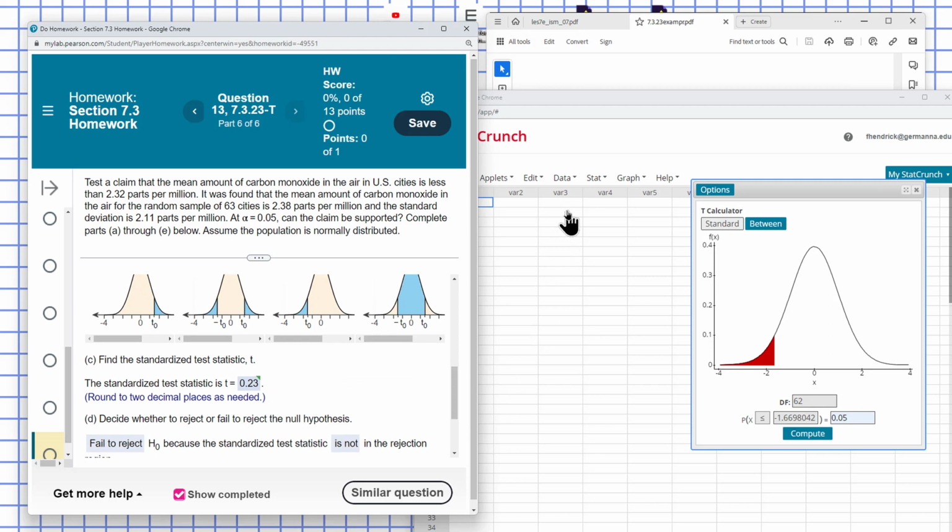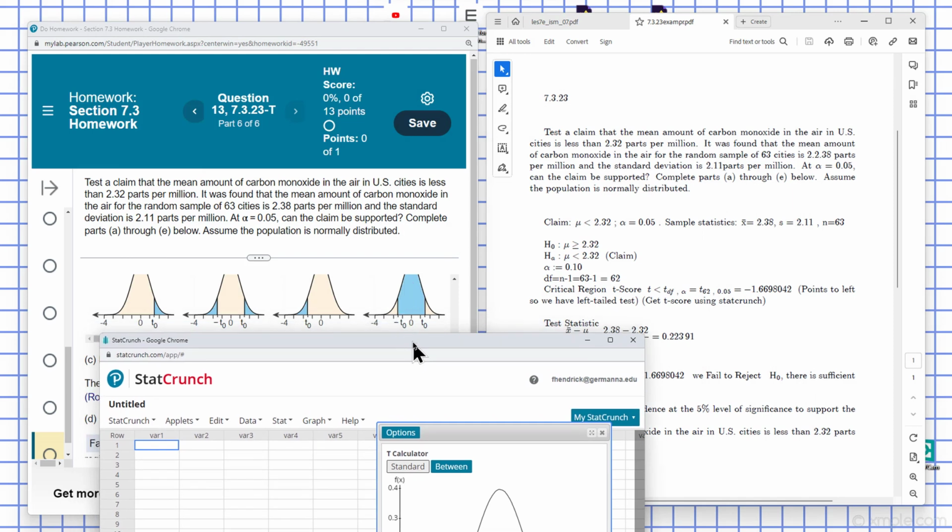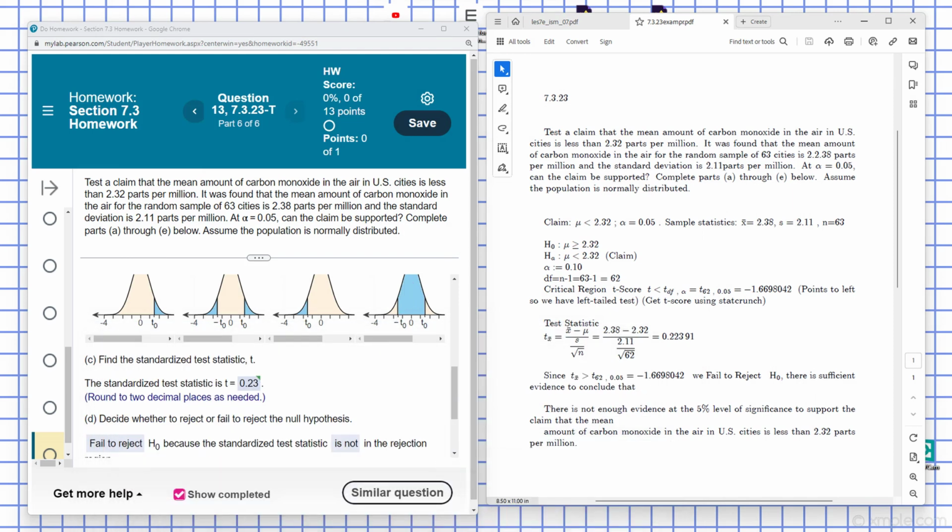Find the test statistic. So we can find that test statistic. I did it here by hand, and there's the answer there.